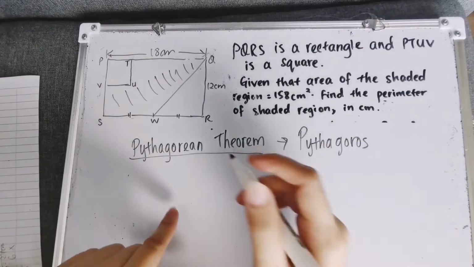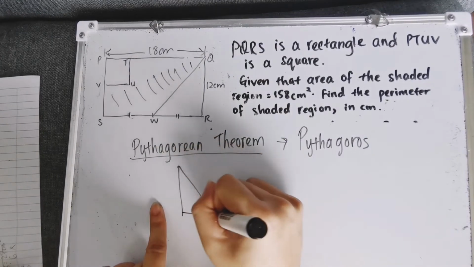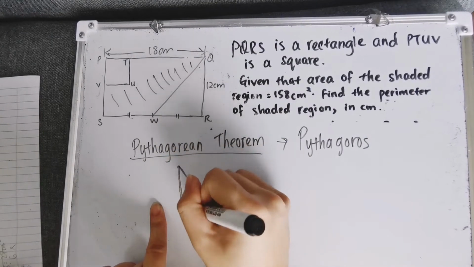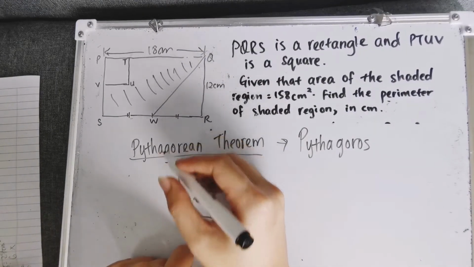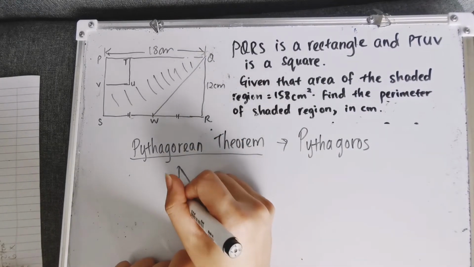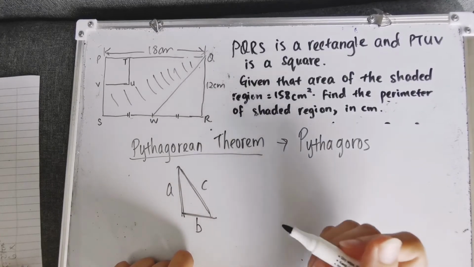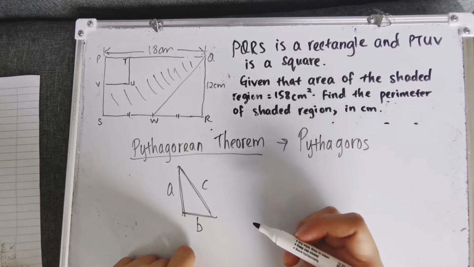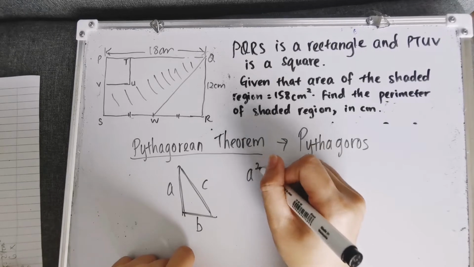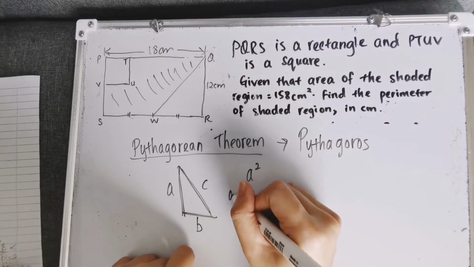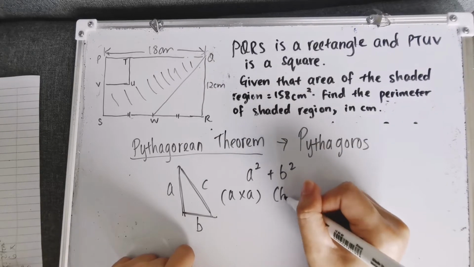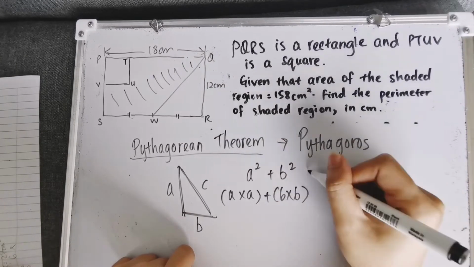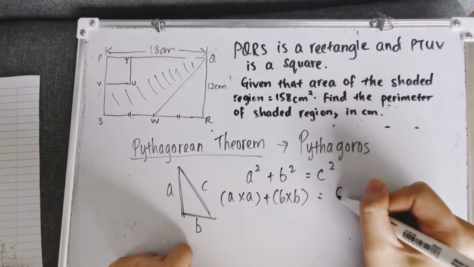He created this formula for the triangle. This is how they were able to build the pyramid. With Pythagorean, you find each side of your triangle. The formula is a squared, which means a times a, plus b squared, so b times b, equals c squared, c times c.